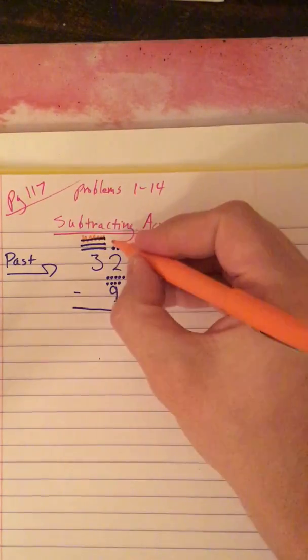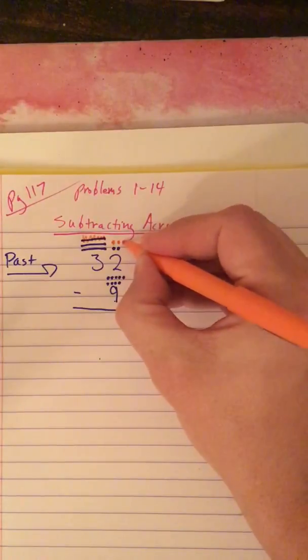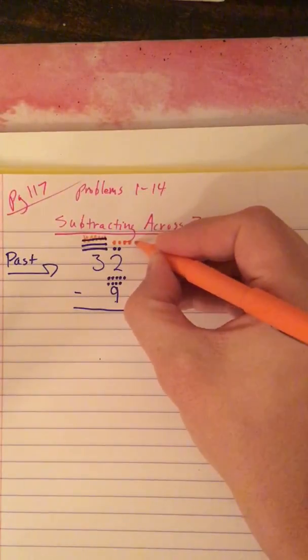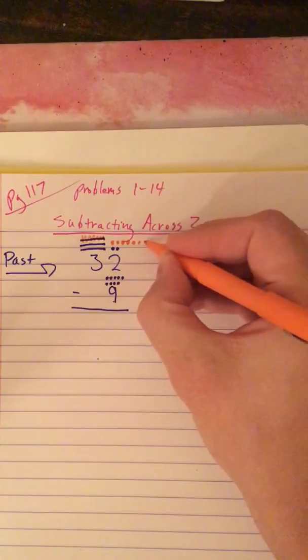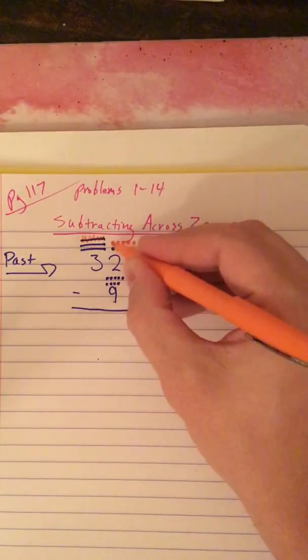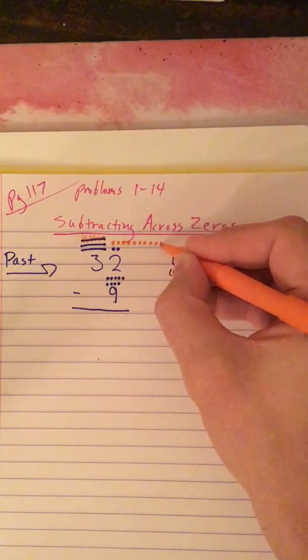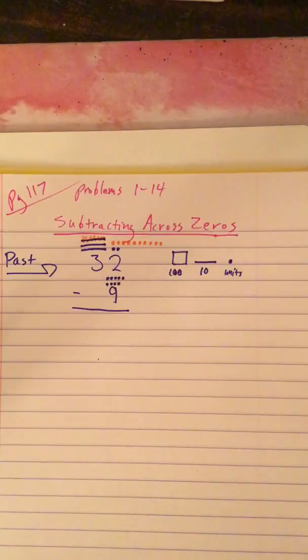So I'm going to take that set of 10 and I'm going to put it up here. 1, 2, 3, 4, 5, 6, 7, 8, 9, 10. Make sure: 1, 2, 3, 4, 5, 6, 7, 8, 9, 10. Looks about right.